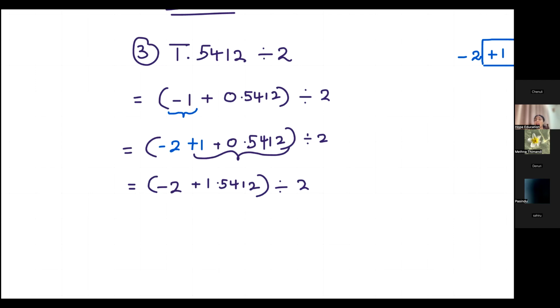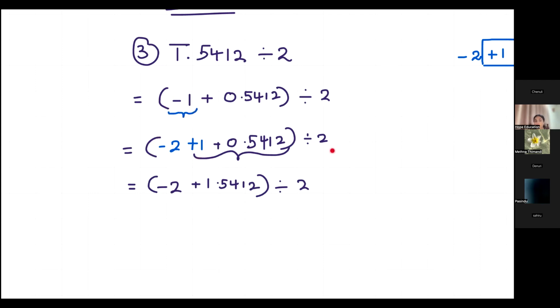The negative characteristic nearest to minus 1 that is perfectly divisible by 2 is minus 2. If I use minus 2, I have to use it in such a way that the value will be the same as minus 1. So I write minus 2 plus 1. You know minus 2 plus 1, the answer is minus 1. So the value doesn't change. But now I have a negative characteristic which is perfectly divisible by 2.